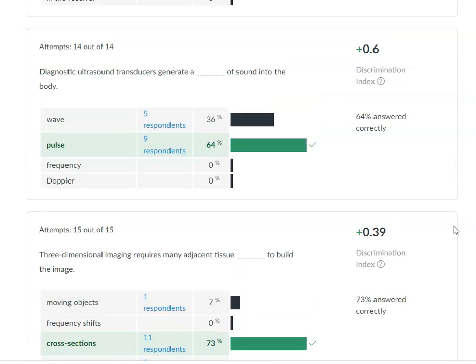All right, so next, an ultrasound transducer generates what kind of sound into the body? The answer is a pulse of sound. We always create pulses of sound in order to do imaging. Within those pulses are waves.